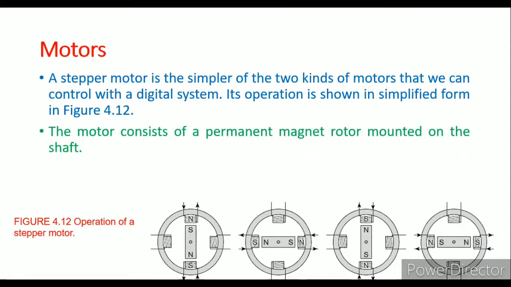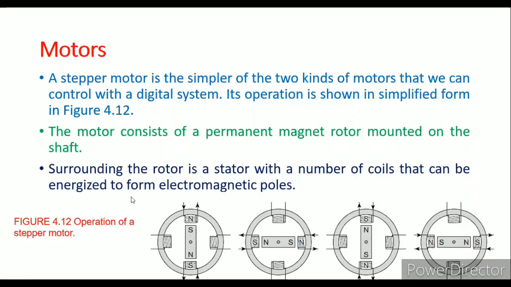The motor consists of a permanent magnet rotor mounted on the shaft, as we can check in the figure, the center one. Surrounding the motor is a stator with a number of coils that can be energized to form electromagnetic poles.